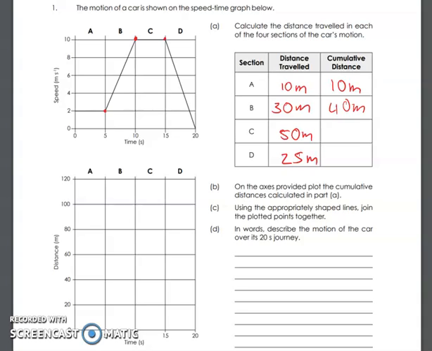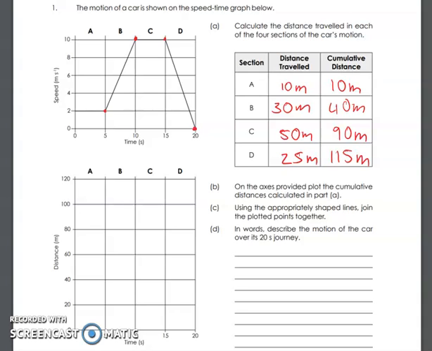At the end of section C, they've travelled that 40 meters from sections A and B, and then an additional 50 meters. So at the end of section C, they've travelled a total of 90 meters. And then at the end of section D, they've travelled another 25 meters. So in total, at the end of section D, they've travelled 115 meters. So we just add up until the end of each section.